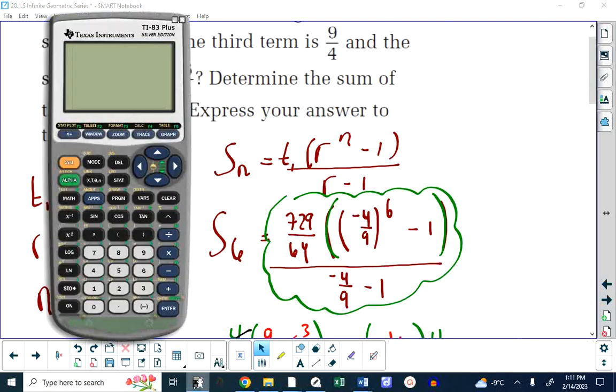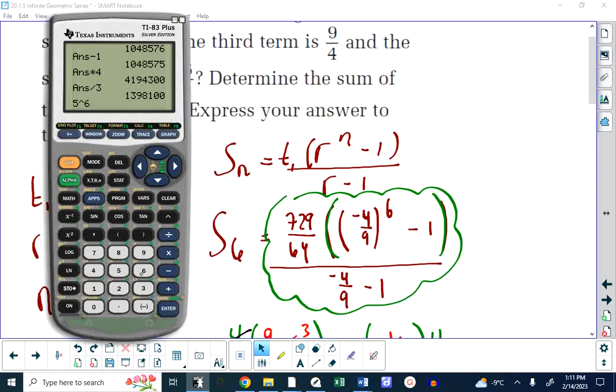By the way, forgetting about this question, when you go 5 raised to the 6, how many of your calculators show that? As opposed to it puts the 6 up top. Okay, I hate that. I hate it when it puts the 6 up top.